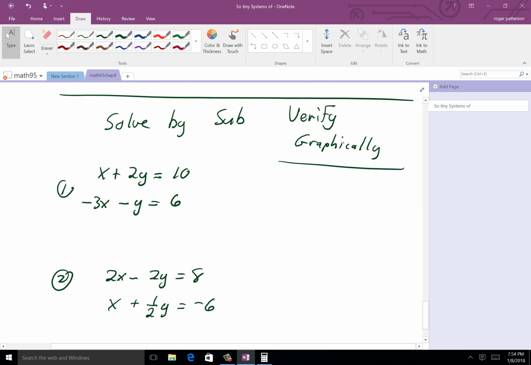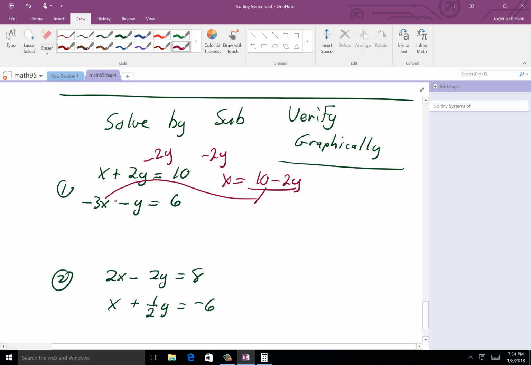What do they solve for here? X or Y? Solve for X? Okay, so if you solve for X, that means you moved the Y, correct? So we get X equals 10 minus 2Y. There that is.